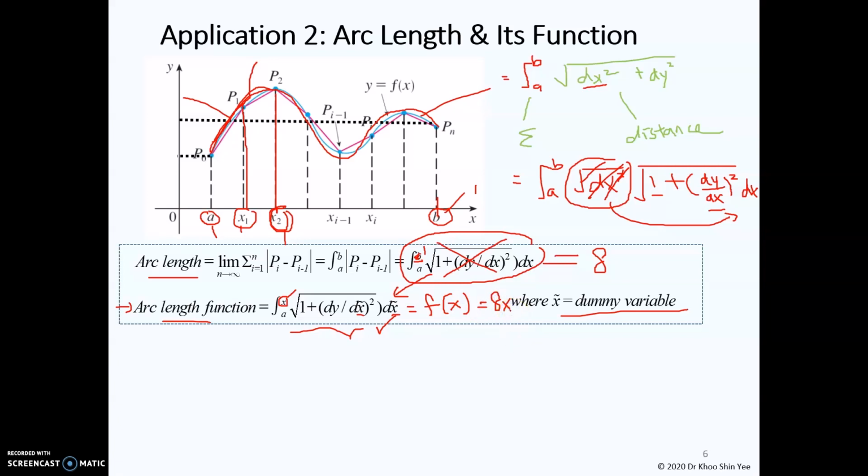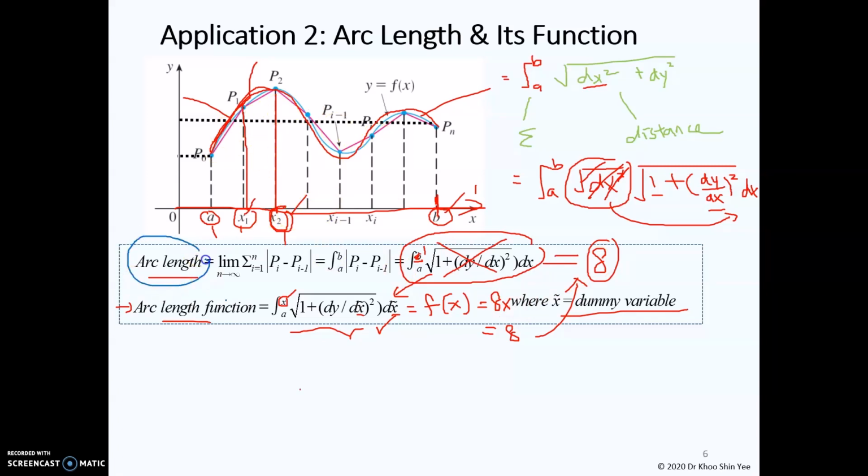So you can substitute any x in this to obtain the corresponding arc length. For example, you substitute b equal to 1 where x equals 1. Then you obtain 8, which gives the same answer here. Besides that, you can substitute x with numerous numbers to find the arc length at different points.